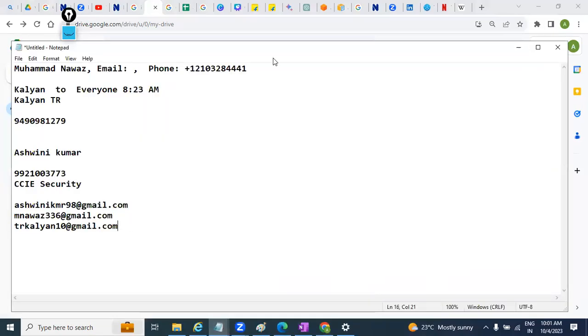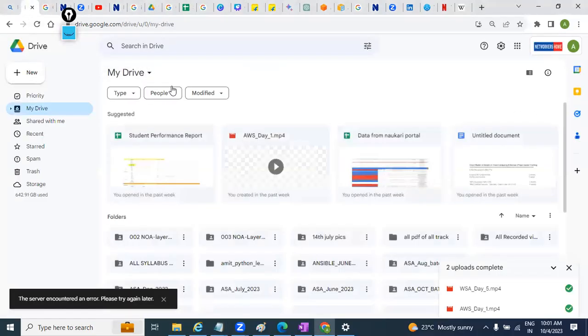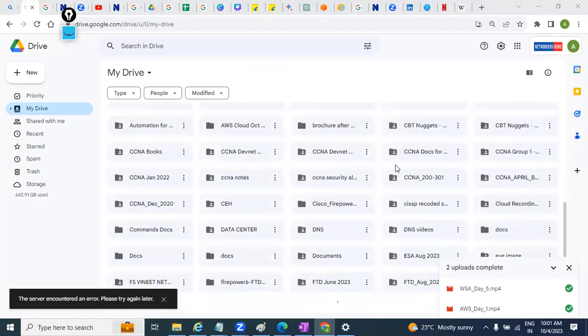Kalyan, yesterday I think you already shared your details in the AWS batch, if I'm not wrong, right? No? Then are you doing the AWS batch, are you attending it? If you're attending, kindly share your details into the AWS batch.